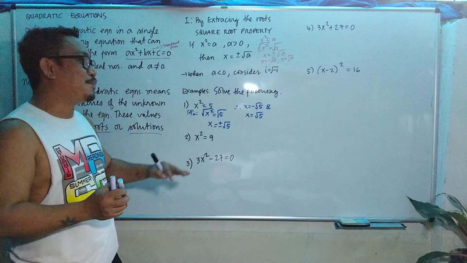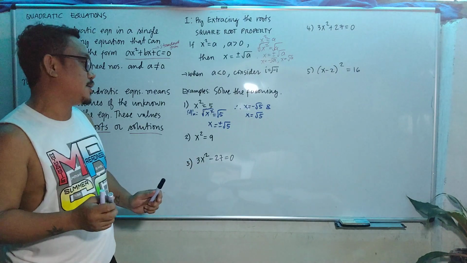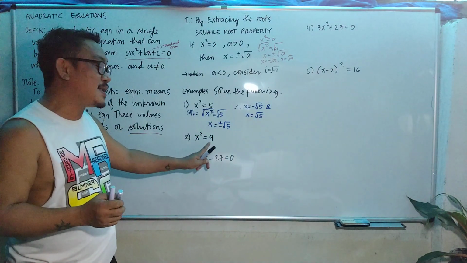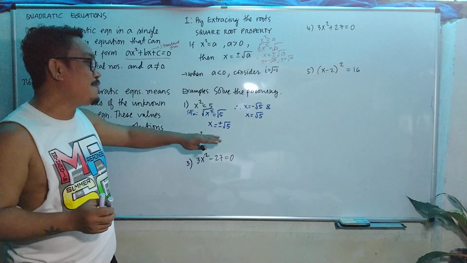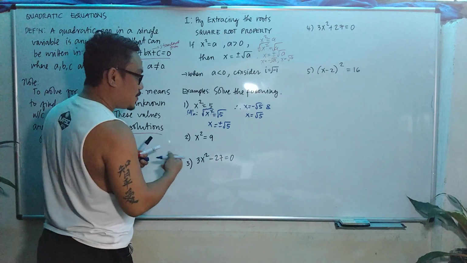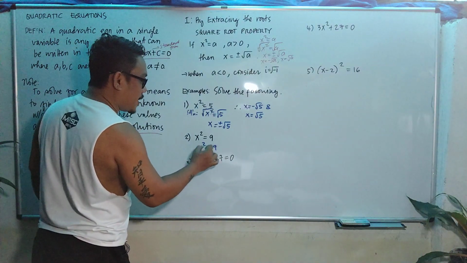Now, let's move on to example number 2. You are given x squared is equal to 9. Okay, kaya ang constant na number nga nasa right side sa equation. So again, pareha na siya sa gibuhat sa number 1. So we take the square root to both sides of the equation.